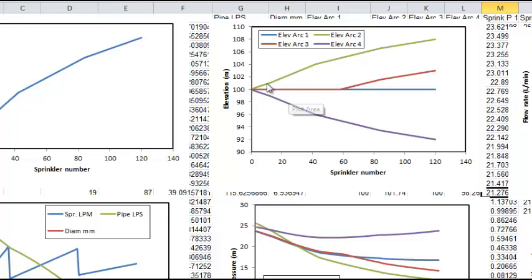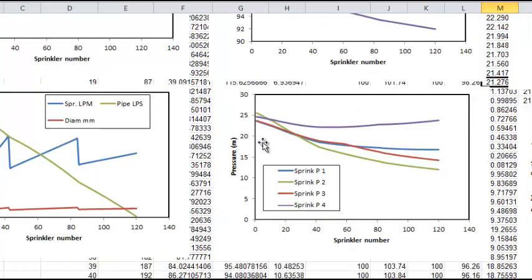These are the elevations of each of the arcs. Remember I said that the first arc was level, and then in arc 2 it goes uphill. Arc 3 was level to a point and then it went up. In arc 4 it goes downhill.